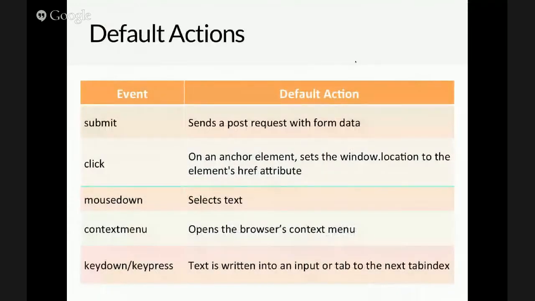Now, different events also have a different default action. So when I create a link and I click on it, for example, the browser will take me to that page. That is the default action of clicking on a link.